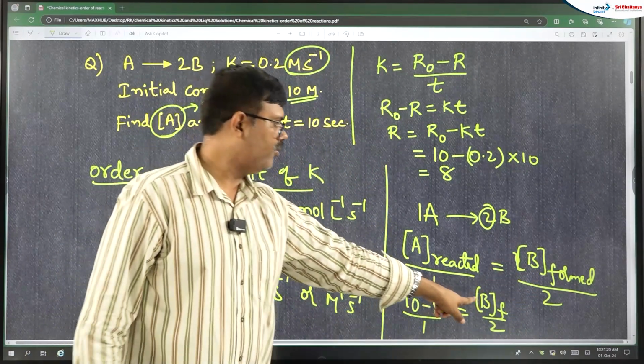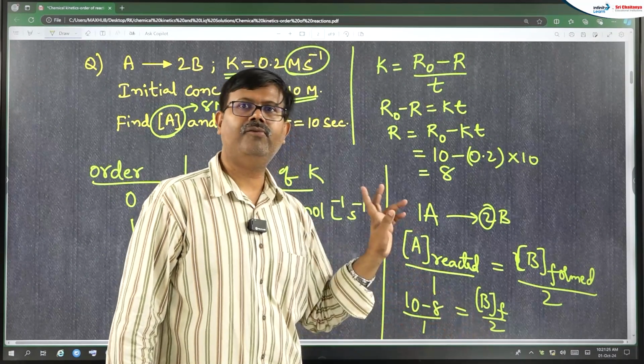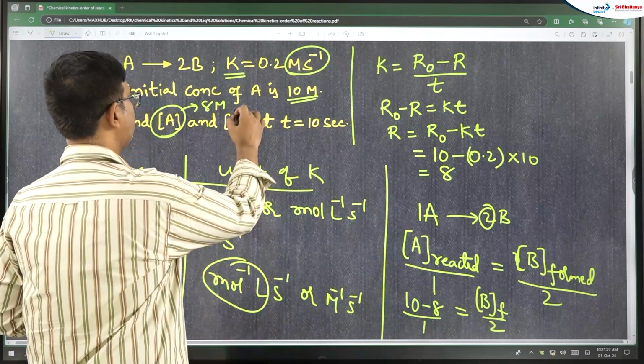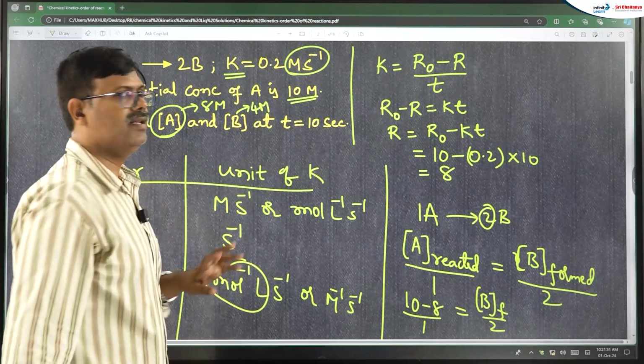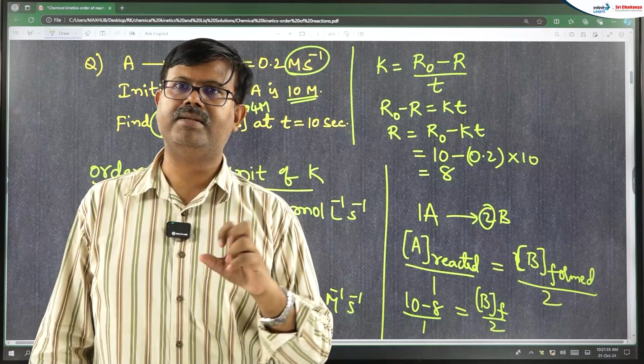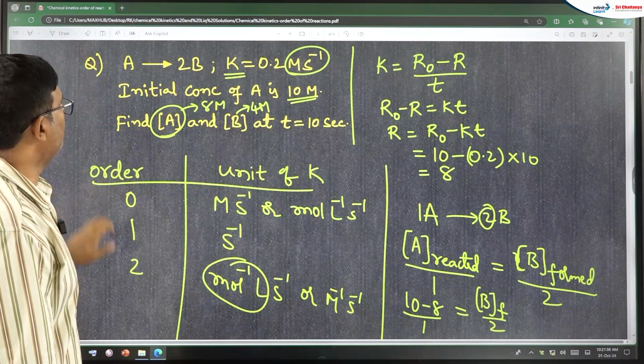Therefore, B formed is 10 minus 8, which is 2, and 2 into 2 is 4. So, B formed is 4 molarity. This is how we will solve the questions on this. Next, let's go to another model.